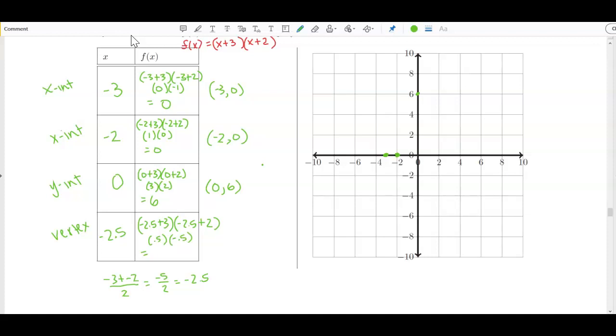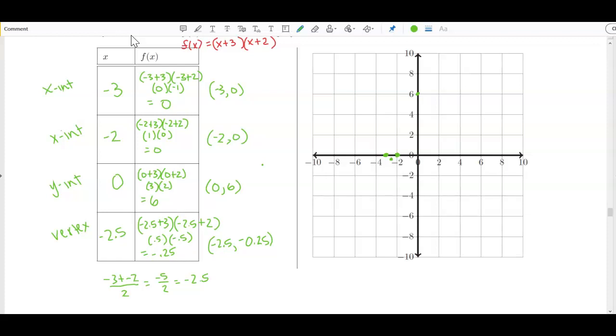And -0.5 times a positive 0.5 gives me a -0.25. So that's a pretty small number. My ordered pair is -2.5, -0.25. So I'm going to the left 2.5, and then down just a quarter, so not very far, maybe about there.